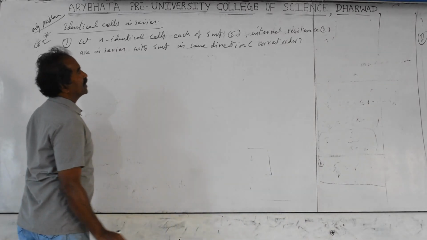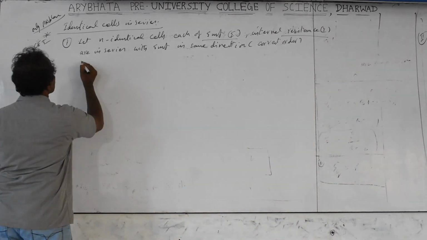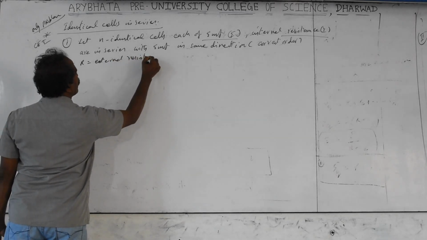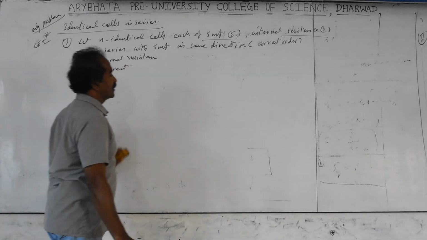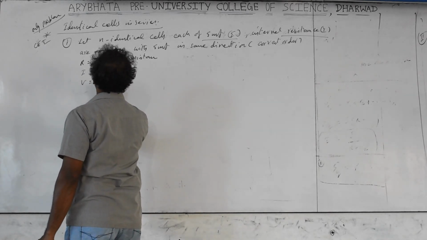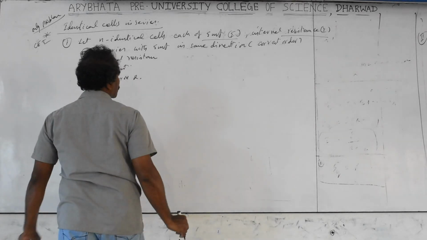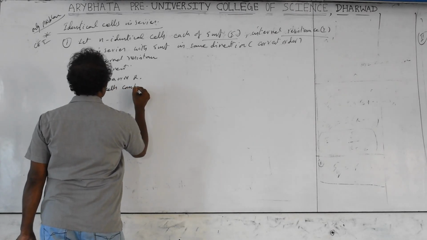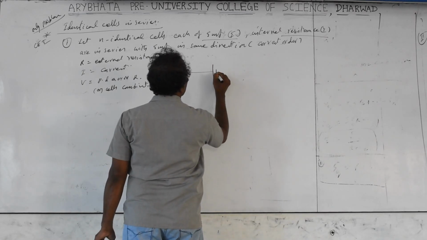Each EMF is E and each internal resistance is r. Capital R is the external resistance. I is the total current. V is the voltage, the PD across R and the cell combination. In identical cells, EMF is the same.